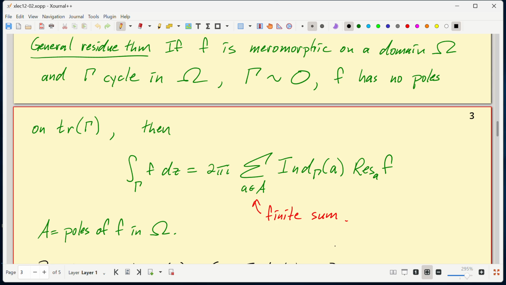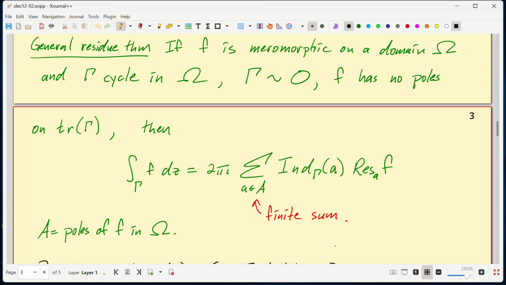that discrete set. And I did remark that that's a finite sum because the set where the index is not 0 is a compact set when you toss in the curve itself, and if there were infinitely many in there, they'd have to have a limit point. And of course, it's a discrete set.